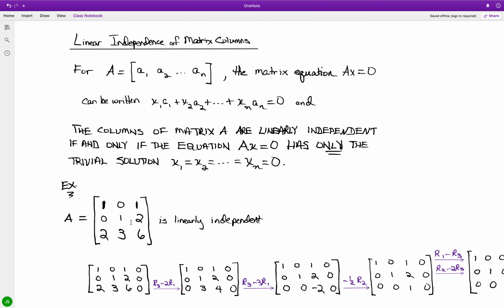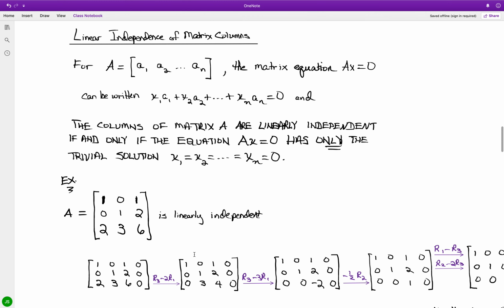So you have A, and then your column of zeros with the augmented matrix, and we perform row operations, getting down to reduced echelon form. If I take R3 minus 2R1, I have 0, 3, 4.